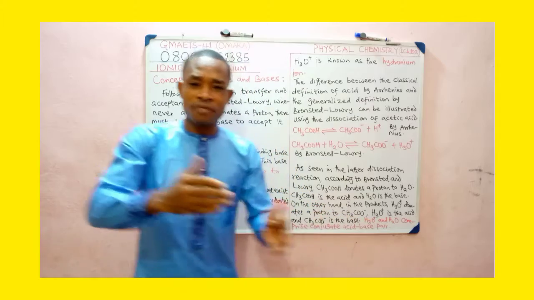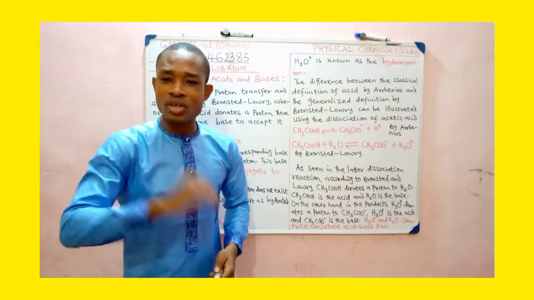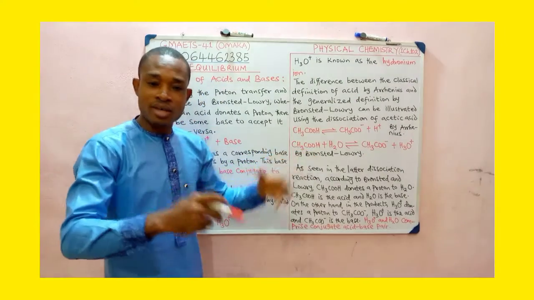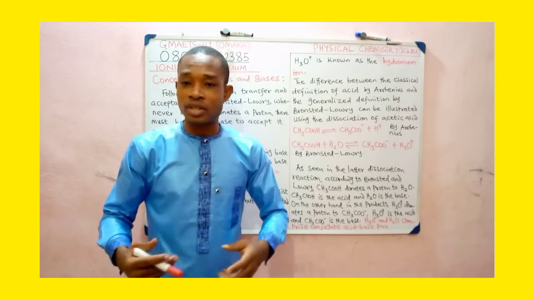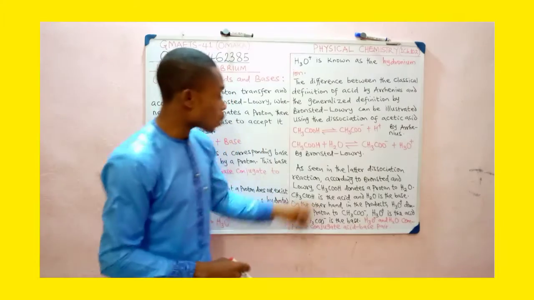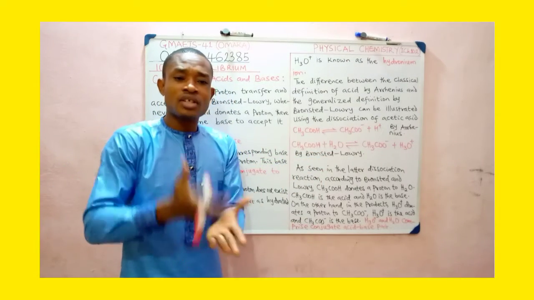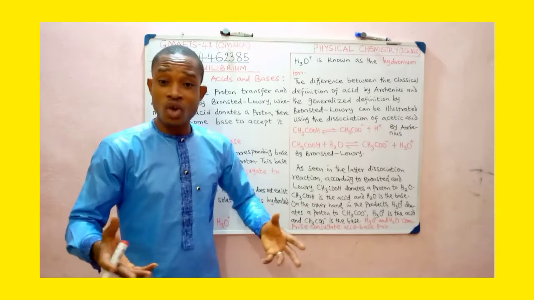Now let us shift our thought to Bronsted and Lowry's general definition of an acid. This is the same acetic acid. In aqueous solution, it's donating a proton. There must be some base to accept that proton. That's why we have water here, because generally, dissociation reactions take place in water as a universal solvent.